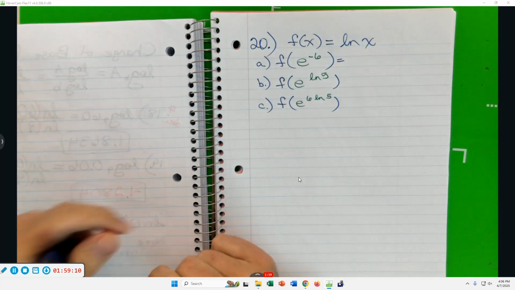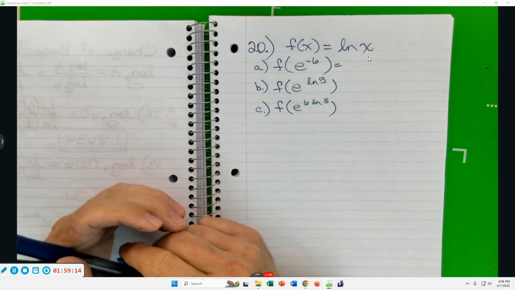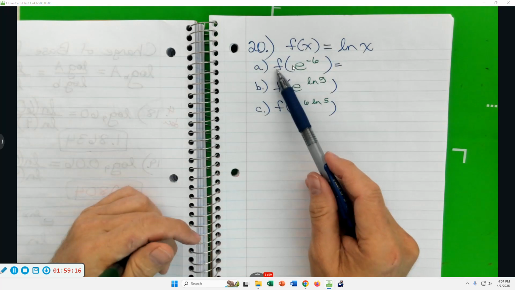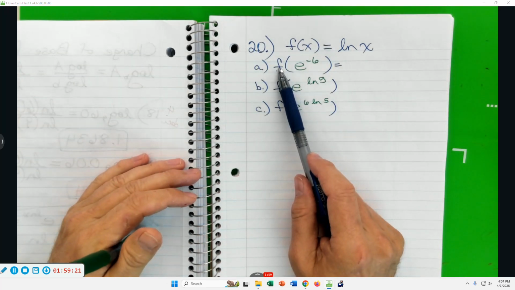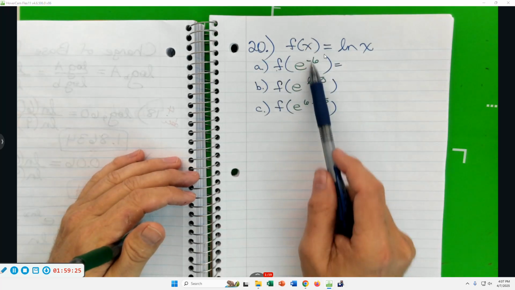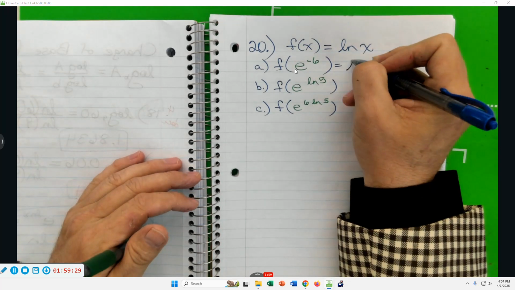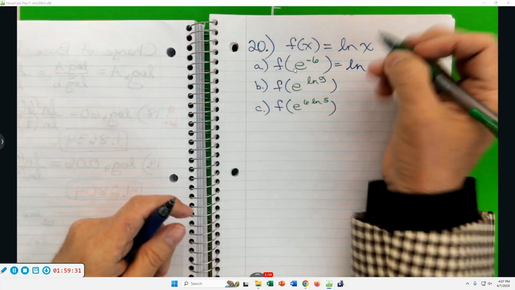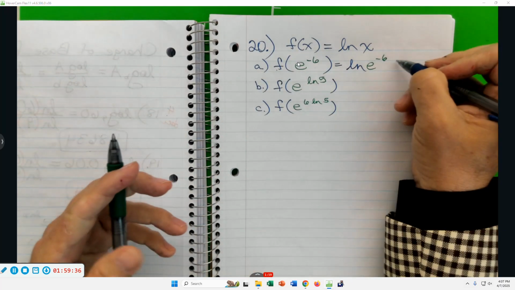You need to remember function notation. How does function notation work? Part A says go to your function f, and wherever you see an x, replace it with e to the negative 6. So we have ln of e to the negative 6. What's that going to reduce to?